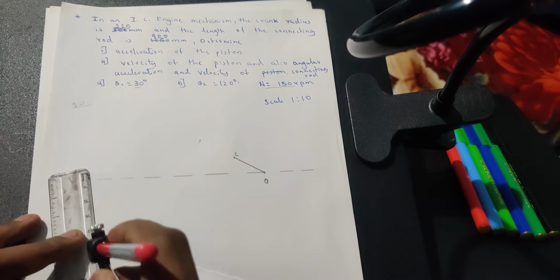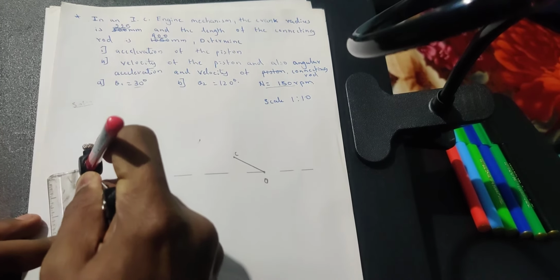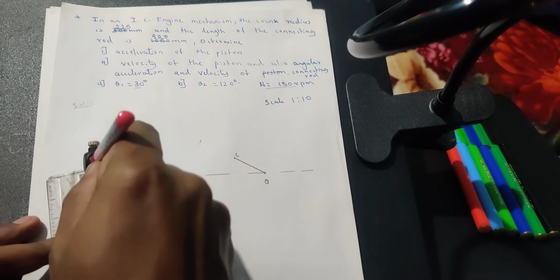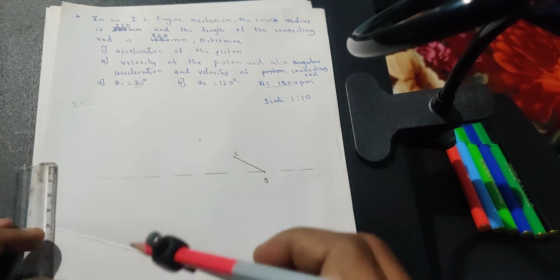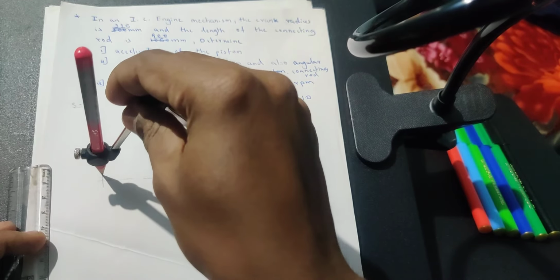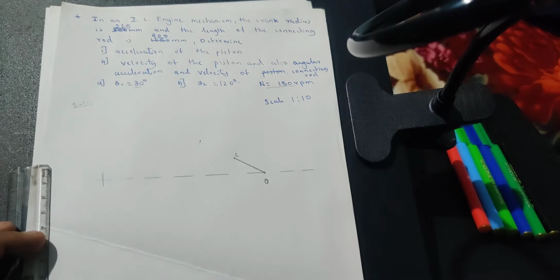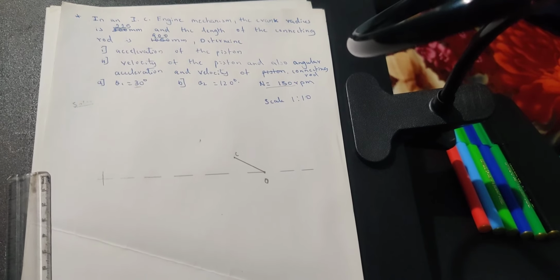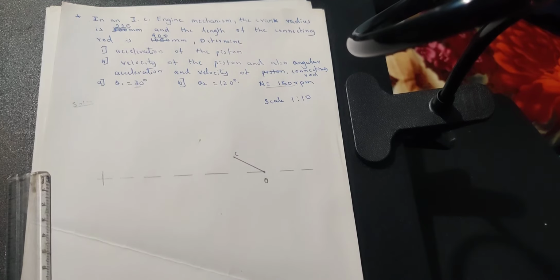So from here we'll take it as 9 centimeter. Okay, it is 9 centimeter here. So from point C I'll cut an arc of 9 centimeter. I'll get a point here.